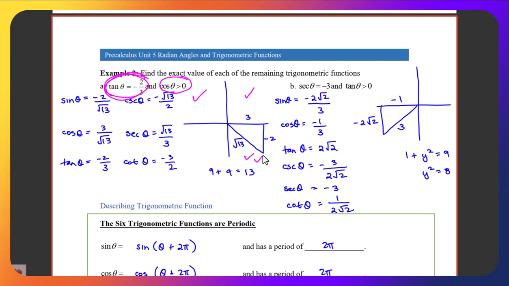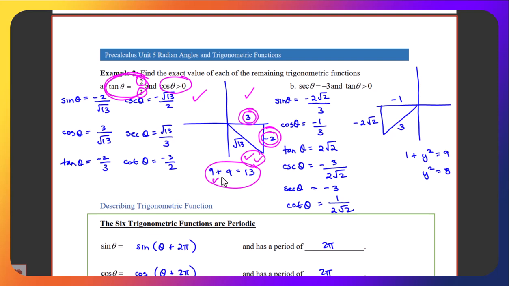That's when x is positive, and so I must be in the fourth quadrant. Tangent is y over x, and since I'm in the fourth quadrant, y has to be negative, x has to be positive. Once I have these two ingredients, I can use the Pythagorean theorem to find the hypotenuse.